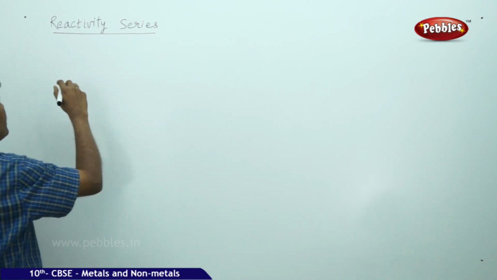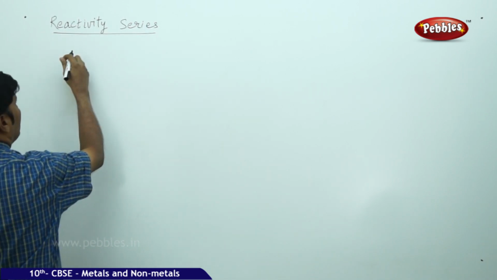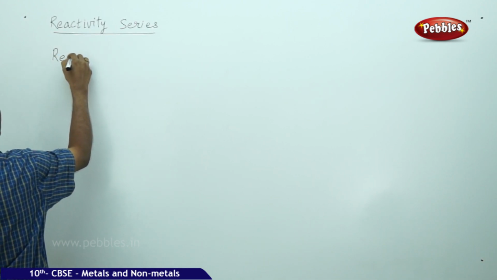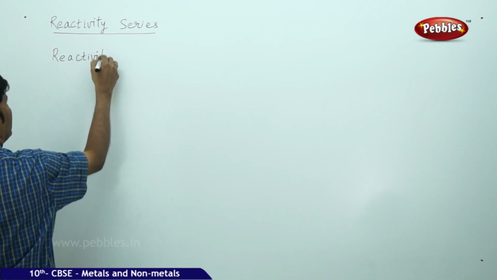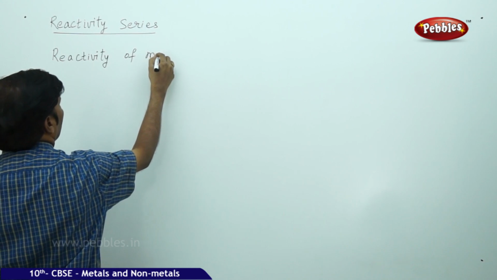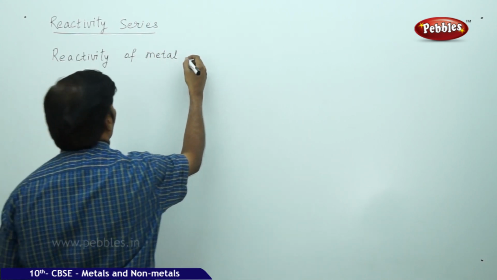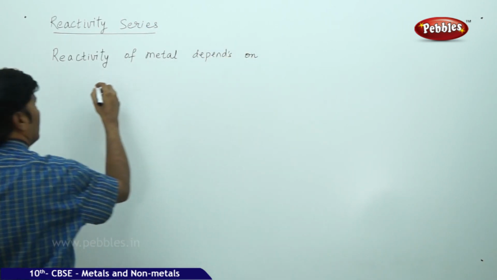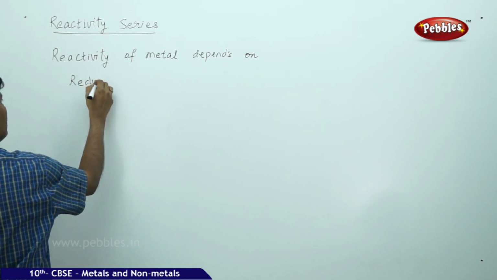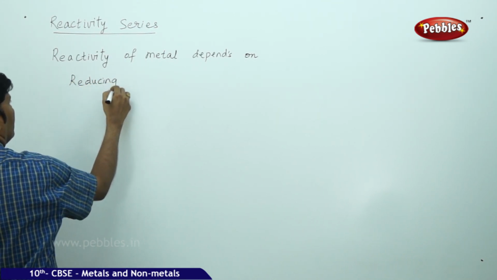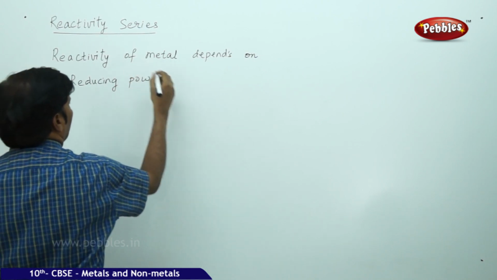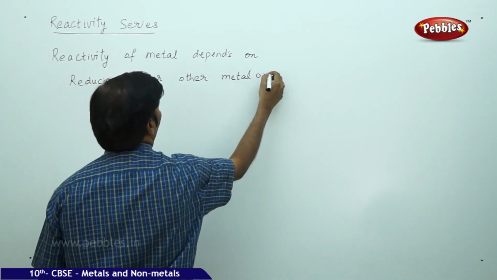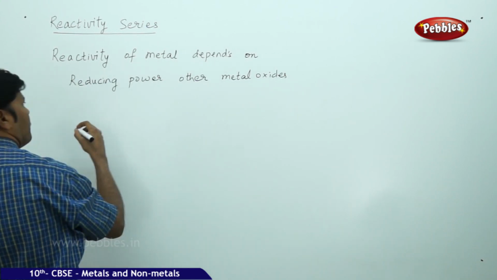When you go for reactivity series, you can see that the reactivity of a metal depends on the reducing power of other metal oxides or metals.